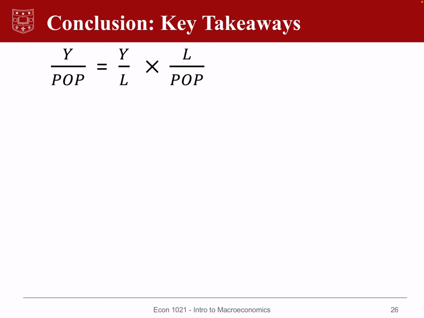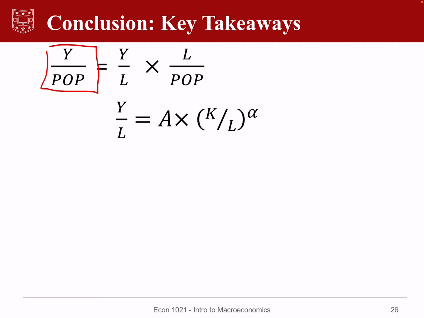So we have a whole lot of mathy stuff in these notes, and what I want to do is suggest the key takeaways. One key takeaway is that if we want to think about standards of living, we are going to look at GDP per capita, real GDP per capita. And our premise, as we saw before, is that this is related in a good way to well-being, in the sense that we saw in the previous set of notes.